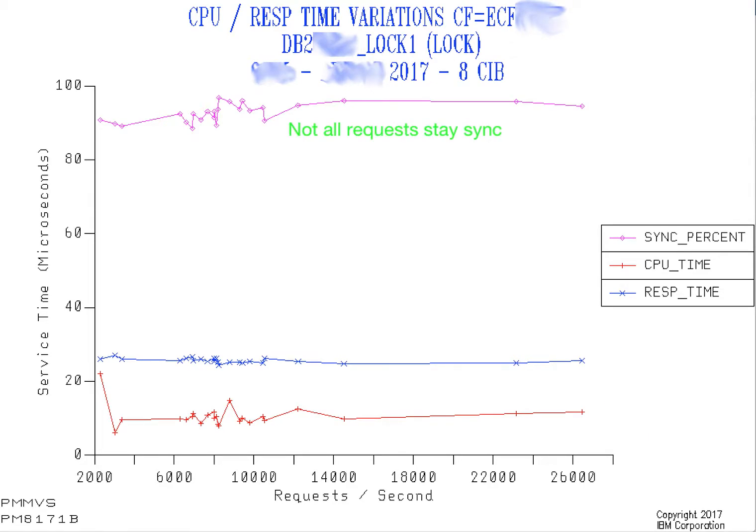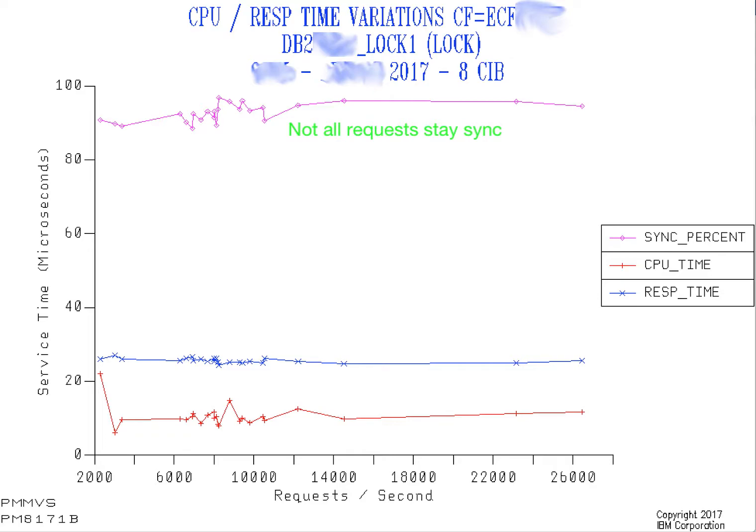And finally, when I look at a graph like this, I'm interested in the behavior in terms of whether requests stay synchronous or not. Now the first thing to say here is that not all the requests to this structure at any level of traffic are synchronous from this operating system image. Now there are two reasons this can happen.